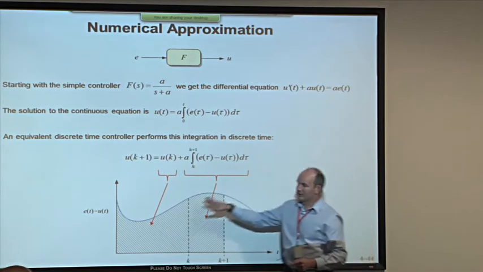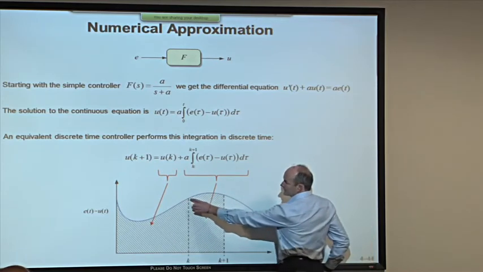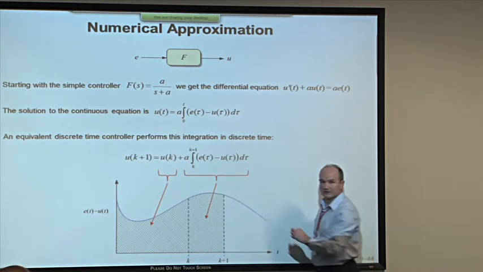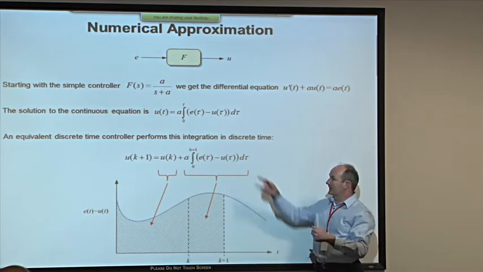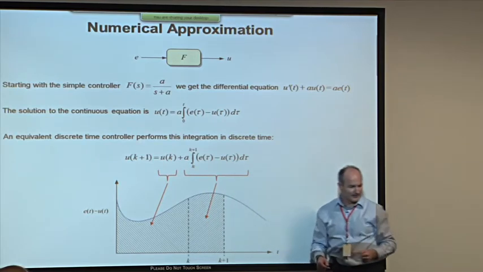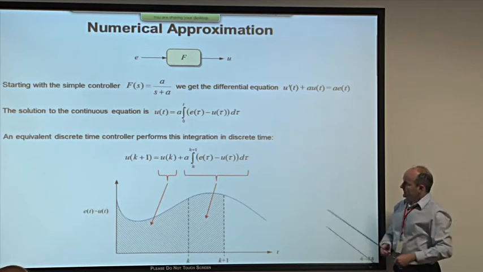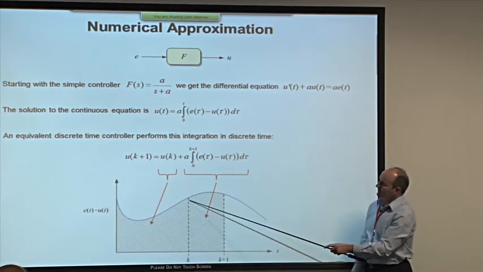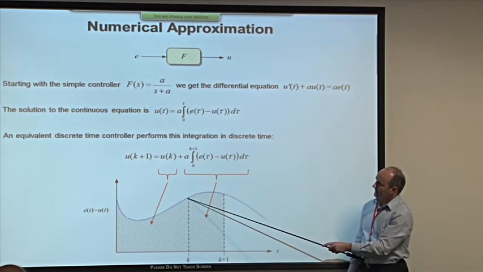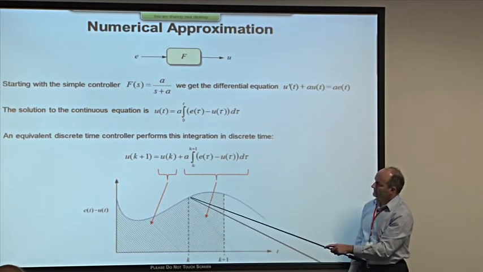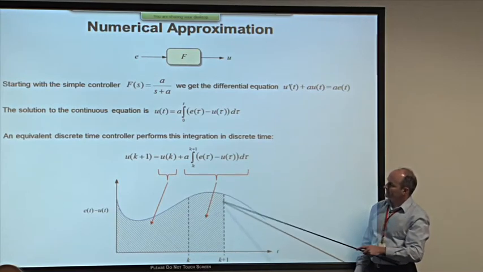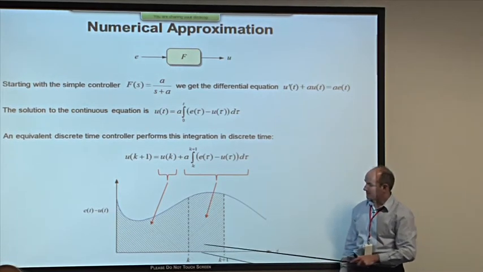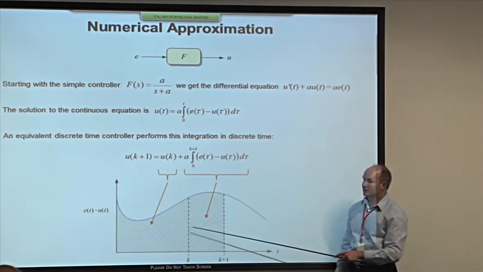So imagine that all the data is known. We know the value of this integrand at the discrete intervals of time. We're going to try and calculate this integration. Now, knowing the area under this curve, this is e minus u, at time t equals k, I have somehow to work out the area under this strip of the curve at time t equals k plus 1 and add it to what I already know.